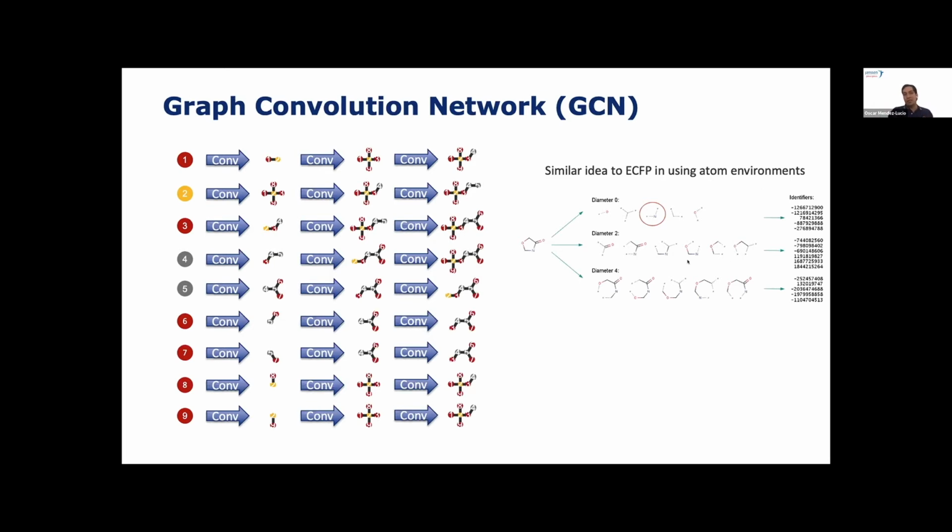The idea is quite similar, but here each atom environment is described by a continuous vector. Now the same idea goes for the mesh. You start with one point in the mesh, and then you start giving information about a larger portion of surrounding nodes in the mesh. So this is the idea behind it.